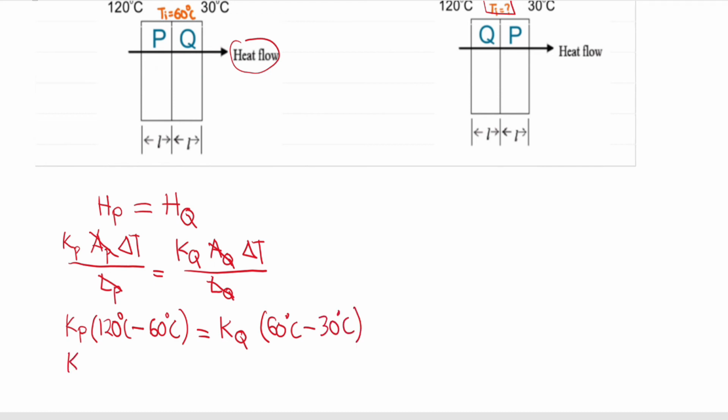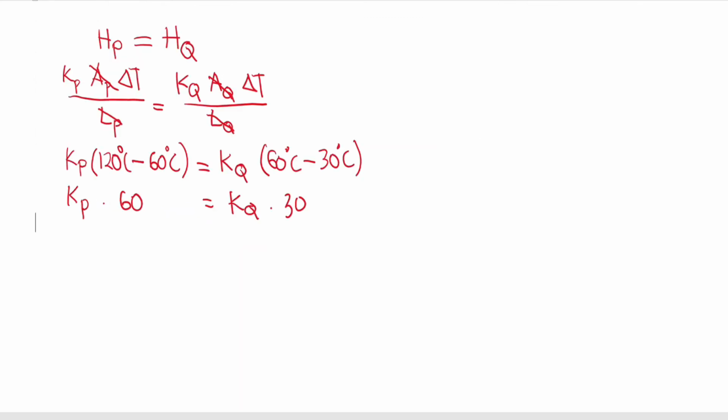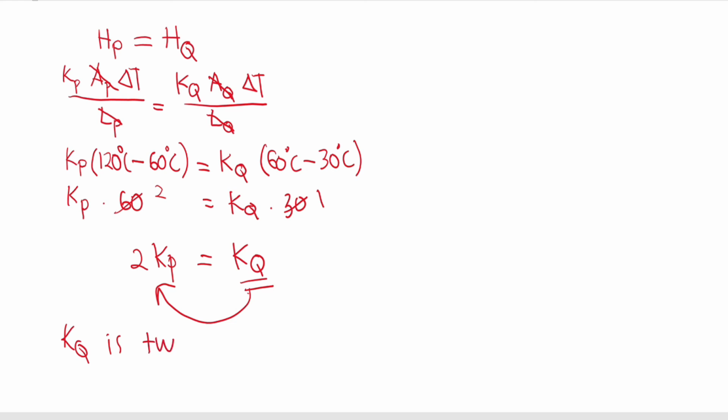So Kp times 60 equals Kq times 30. We can simplify this by dividing by 30, so we get 2 and 1. So 2 Kp equals Kq. What is the meaning of this ratio? It means that the thermal conductivity of wall Q is twice the thermal conductivity of wall P. So Kq is twice Kp.